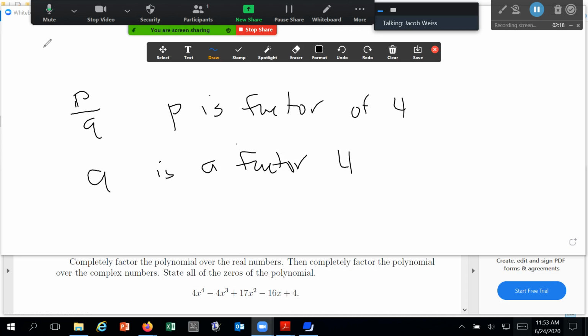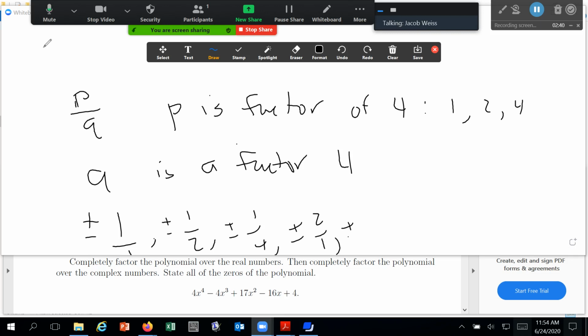So our possibilities are, the factors of 4 are 1, 2, and 4, right? So we could have plus or minus 1 divided by 1, plus or minus 1 divided by 2, plus or minus 1 divided by 4, plus or minus 2 divided by 1, plus or minus 2 divided by 2, plus or minus 2 divided by 4, and plus or minus 4 divided by 1, plus or minus 4 divided by 2, or plus or minus 4 divided by 4.